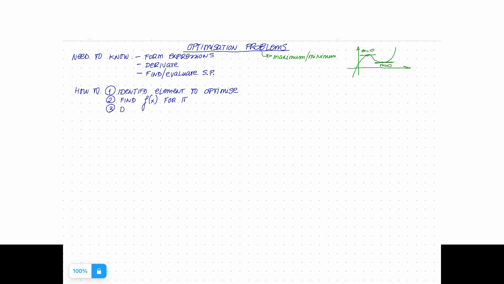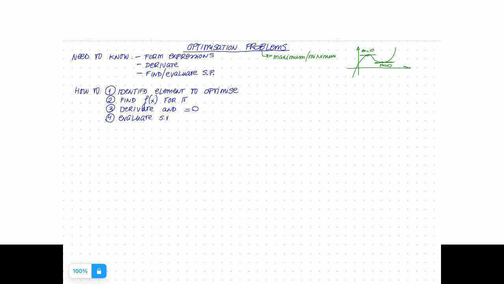Once you have it, you can derivate and make 0. Because again, remember, you're searching for the stationary points.